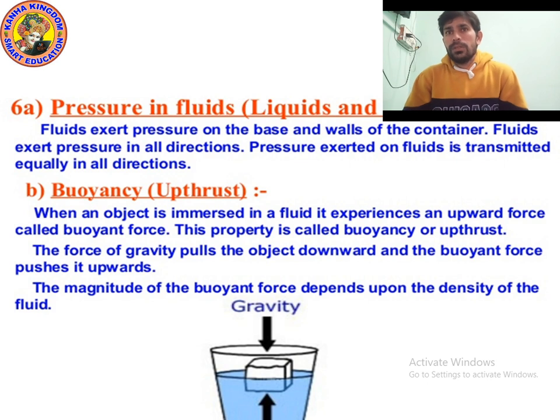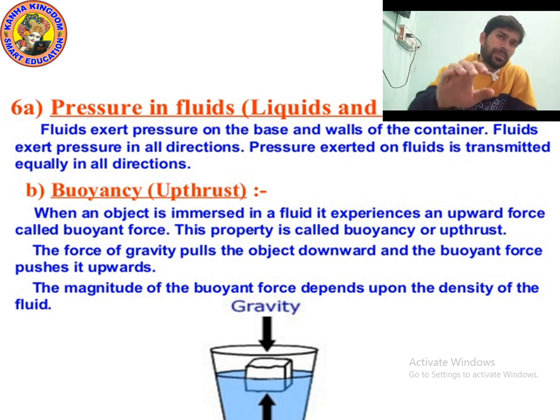Now if the object is near the surface of the earth, then d is equal to the radius of earth R, then the formula will become g is equal to G into M upon R square.